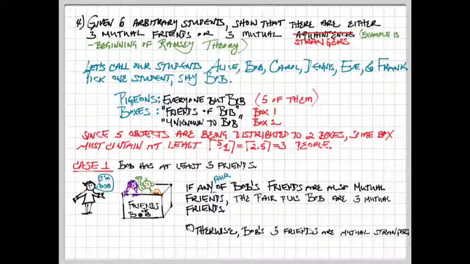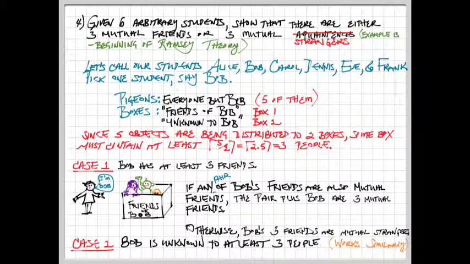Otherwise, Bob's 3 friends don't know each other at all, and they would form 3 mutual strangers. So in the case when Bob has at least 3 friends, either way, we're going to get 3 mutual friends or 3 mutual strangers. We just don't know which one for sure.